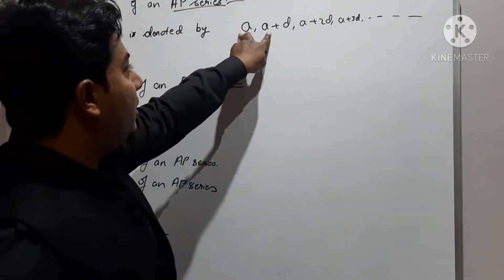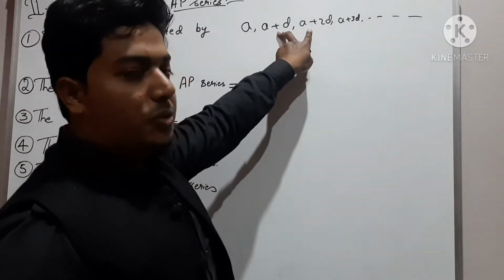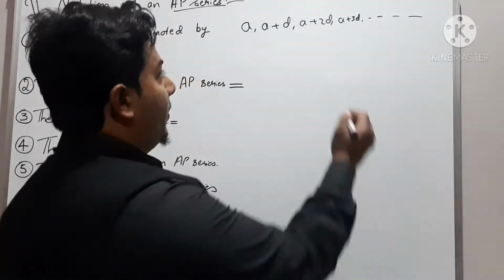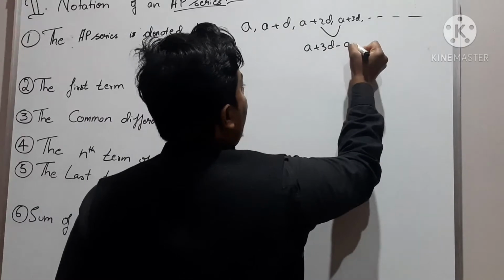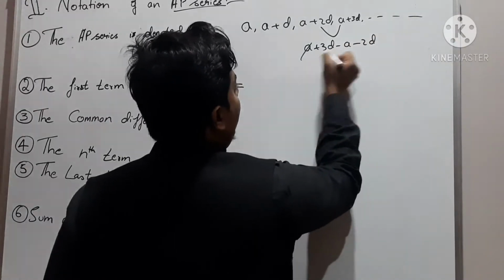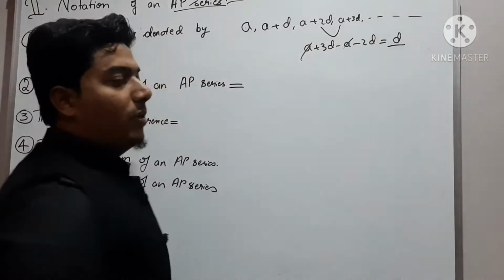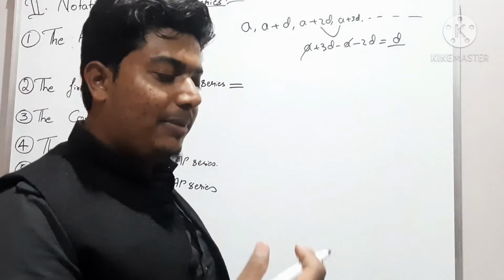The difference between any two consecutive numbers is d. If we take a plus 3d minus a plus 2d, the a cancels, and 3d minus 2d is d. Therefore, any arithmetic progression series is denoted by a, a plus d, a plus 2d, a plus 3d, and so on.